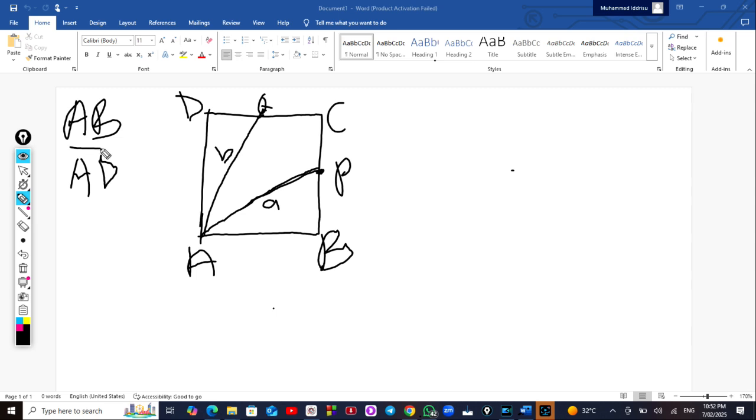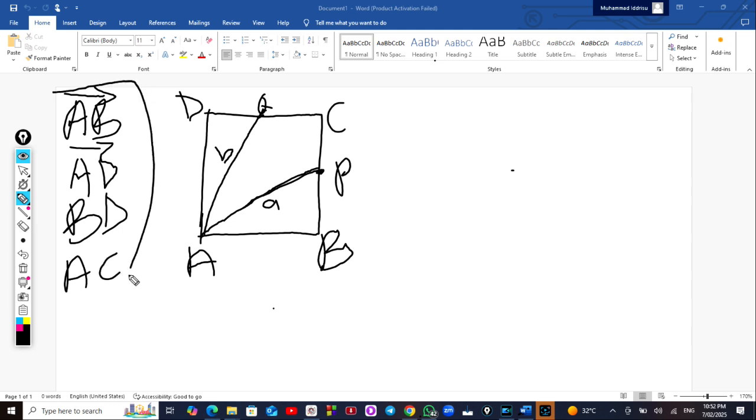So these vectors, we are finding these vectors. Then BD, and AC. This is what we wanted. So let's note it down somewhere.